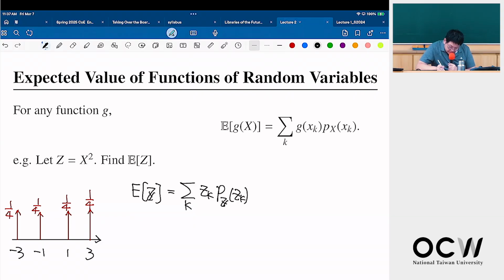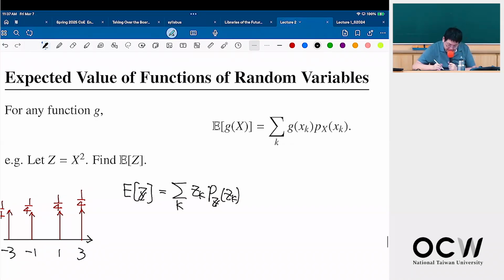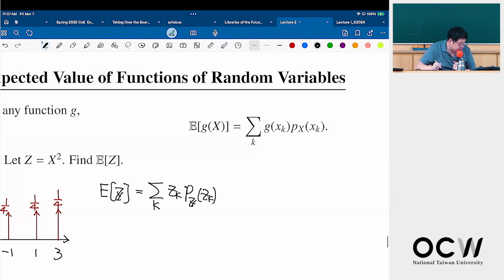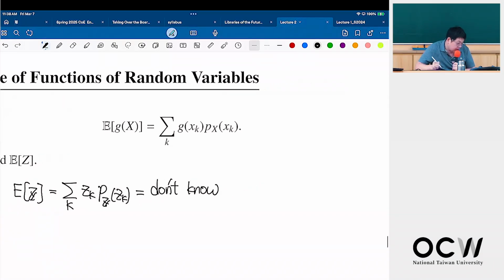But for this PMF of z, as I said, we probably don't know that, or it's really hard to calculate.